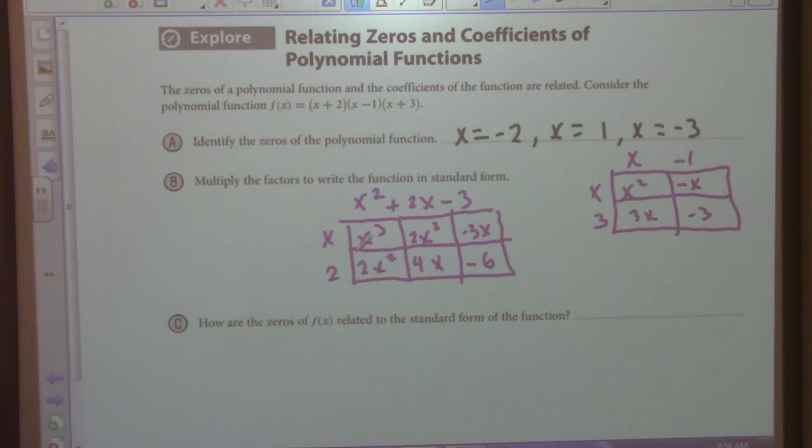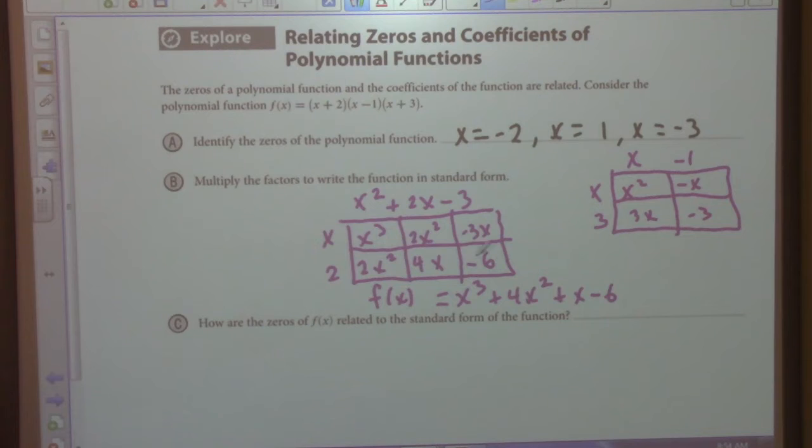If we combine the like terms here, we get x cubed plus 4x squared plus x minus 6, and that's going to be f of x. Okay, did you see any mistakes that I made here so far? No, it looks good?